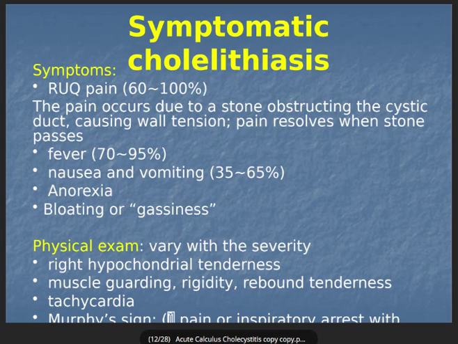So the CCK is gone and the stone is still there blocking the cystic duct. And the pain persists more than 2 hours, then you start to have the inflammation and autodigestion in the gallbladder by mucosal injury. This is the next step in the pathophysiology. This is what we call acute cholecystitis.